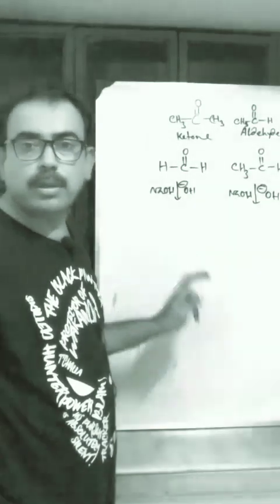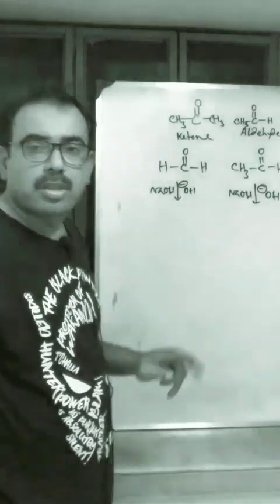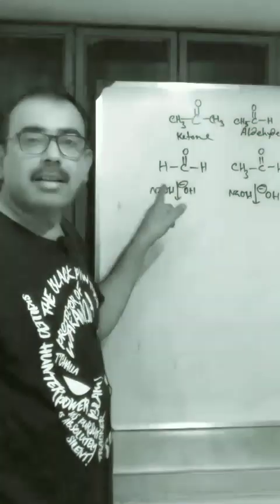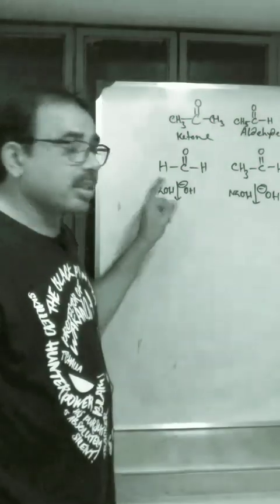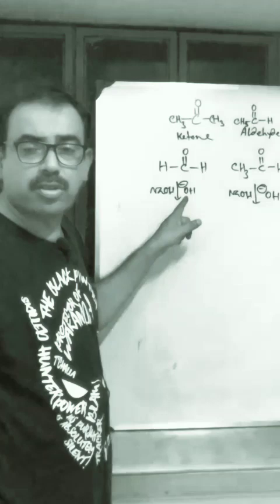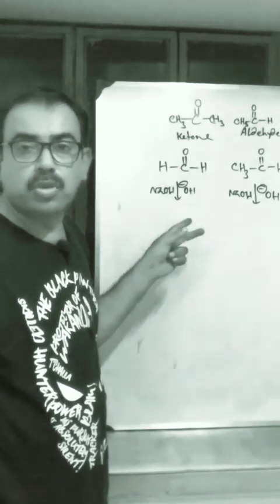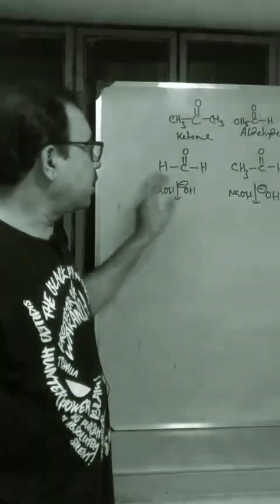If there are no acidic hydrogen atoms present, if it has no chance to show its basic nature, then as it is carrying a negative charge, it will act as a nucleophile. As it is carrying a negative charge, it will be attracted towards a positive center, and hence it will act as a nucleophile.